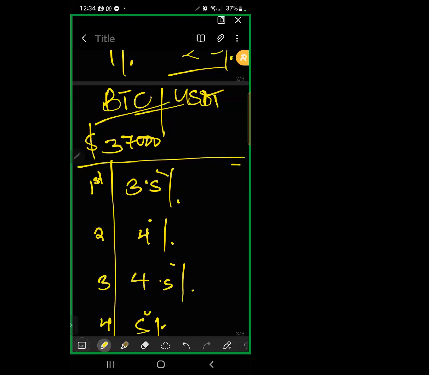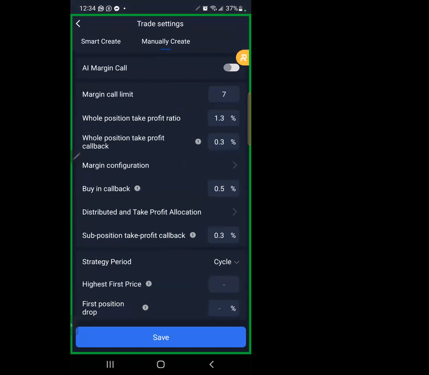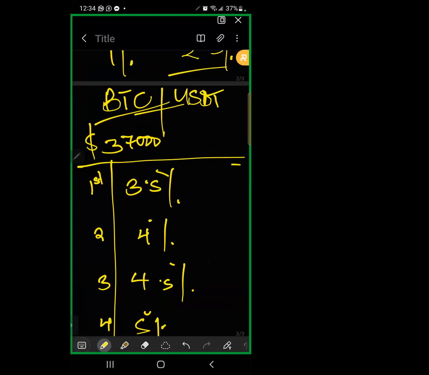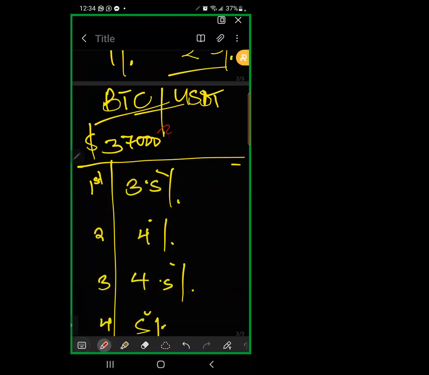Now, if my buy-in callback is 0.5, let's assume Bitcoin comes from this price and starts to drop from $37,000 to $36,500.